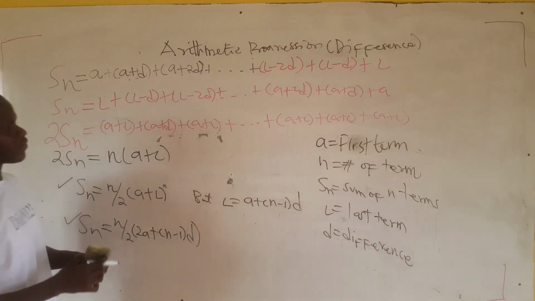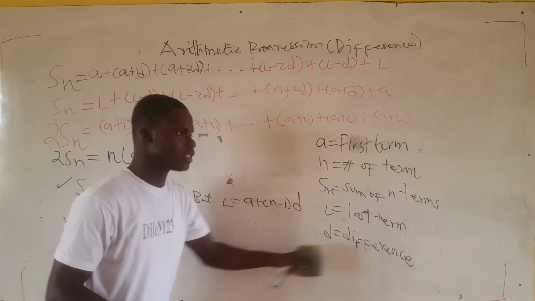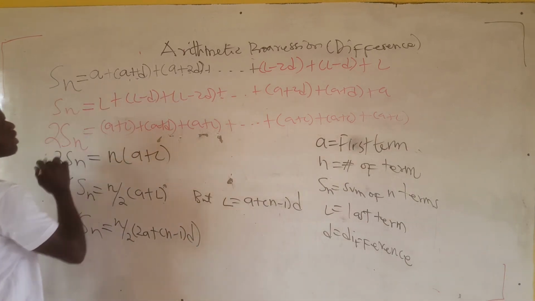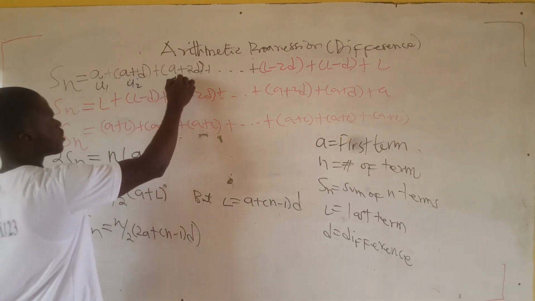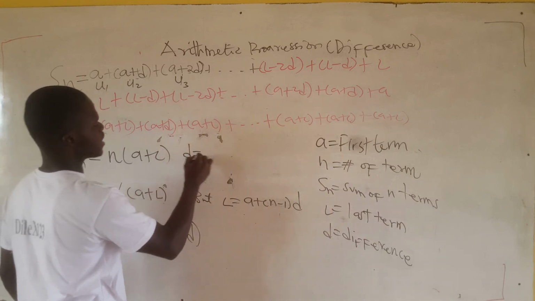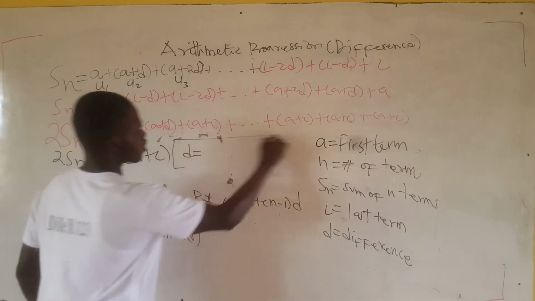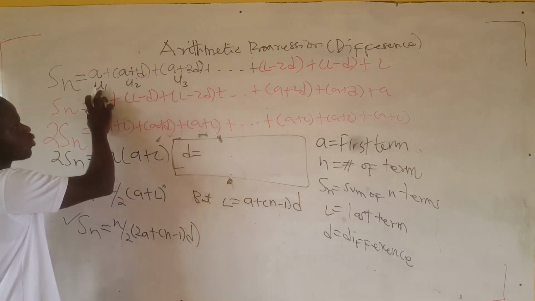My board is already full. So there's one last thing I want to talk about, how we get the d. In sequence and series, we call the first term u1, second term u2, third term u3. In order to get our d, we subtract u1 from u2.